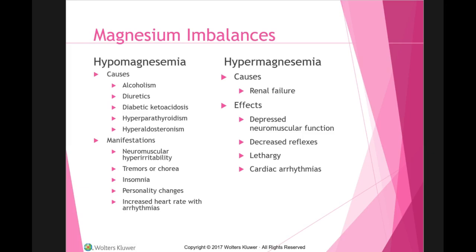Remember, magnesium has a calming effect on the neurological system. It's a relaxing effect, as well as on skeletal muscle, or well, smooth muscle. And this is why we use it for bronchial dilation in status asthmaticus, as well as in pregnancy for preterm contractions, and for high blood pressures.